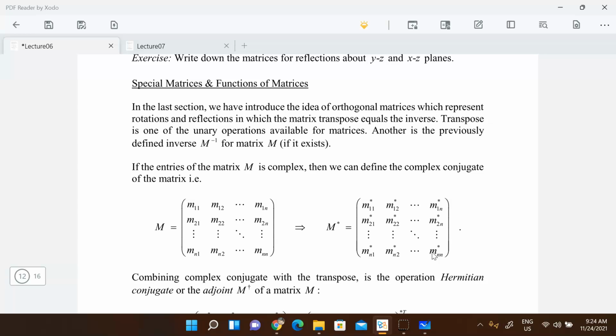Okay, finally, for this particular set of notes on lecture 6, I should be introducing to you some idea about special matrices. One of the things that one can try to do is to look at operations for the matrices.